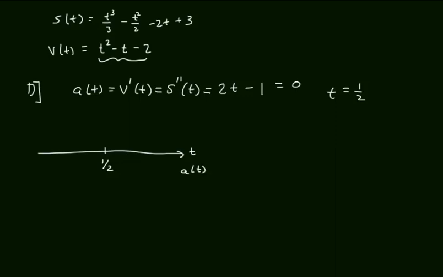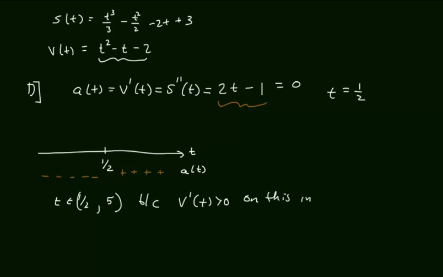If I plug in a number to the right of 1/2, I'm going to get positive numbers. If I plug in to the left of 1/2, I'm going to get negative answers. So I can answer the question that t is an element of 1/2 to 5 because v prime of t is greater than 0 on this interval.